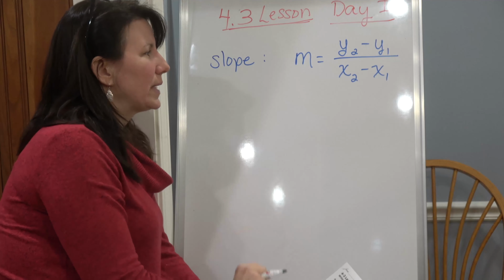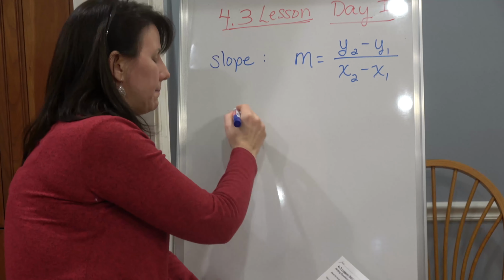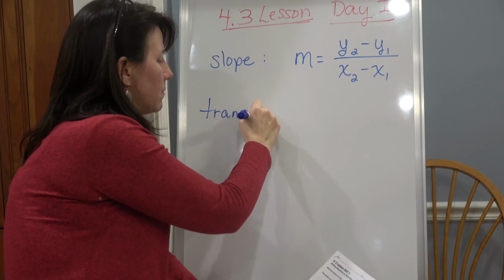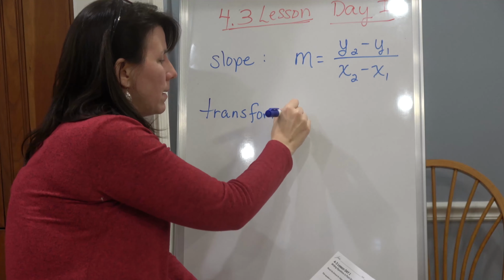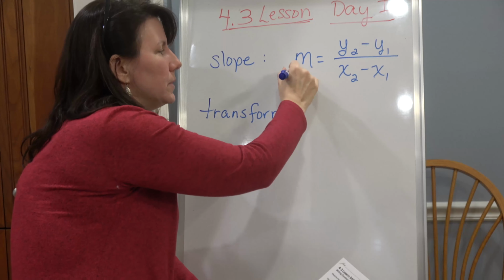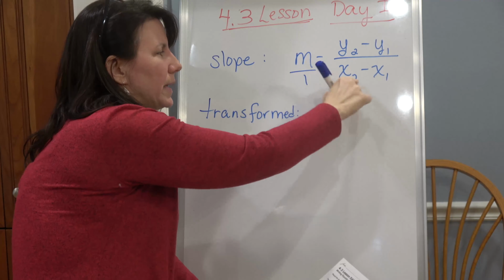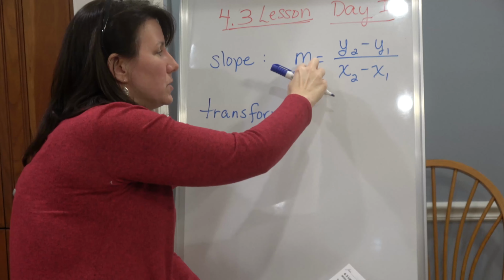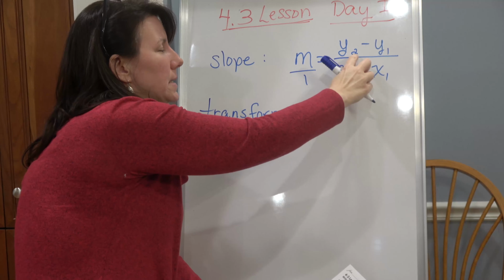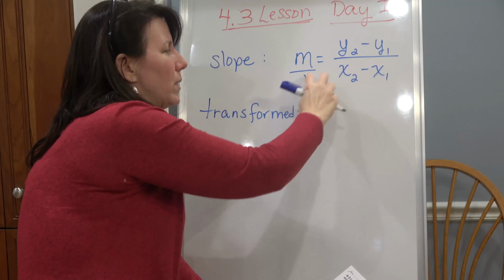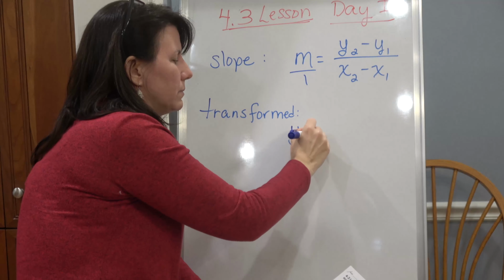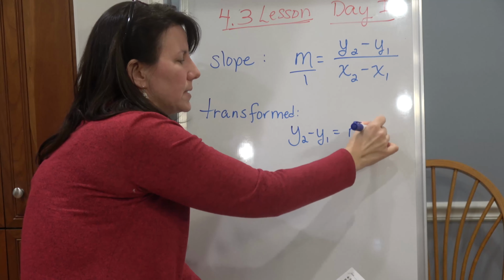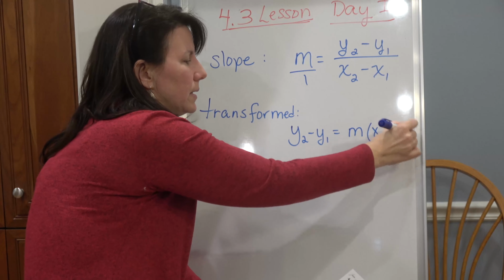We can take this equation and we can transform it by using what we learned about cross multiplication, right? We can put the slope over 1 and then we can just cross multiply. So we would have y sub 2 minus y sub 1 times 1, or y sub 2 minus y sub 1 equals m times parentheses x sub 2 minus x sub 1.